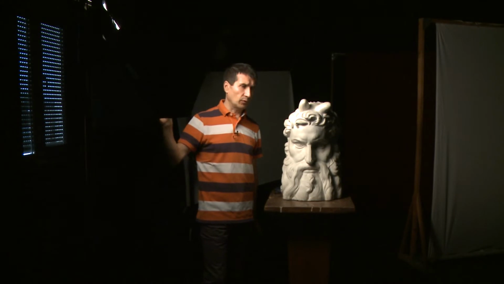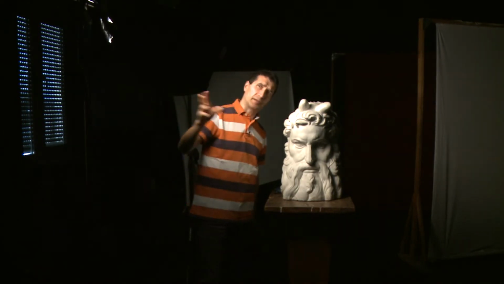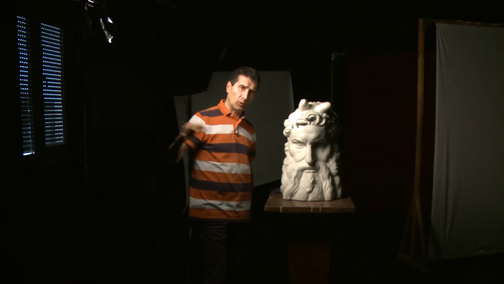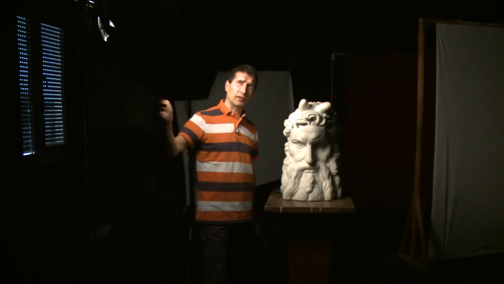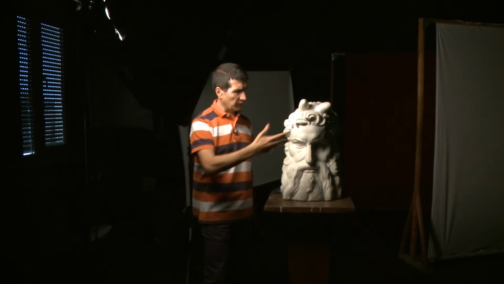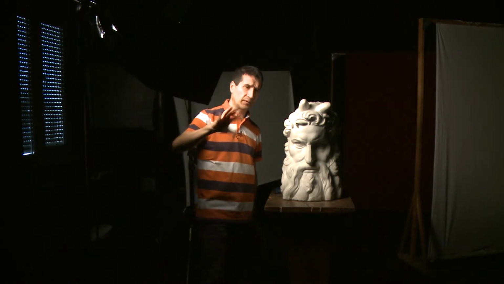So we can also change the position of the light. This is not a square, it's a rectangle. So we can change the ratio of the position just by changing the position of the softbox, just turning it around.